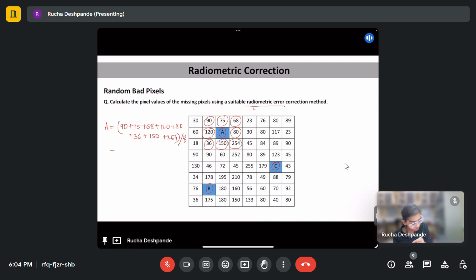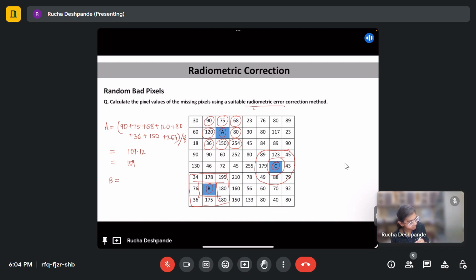Which is equivalent to some 109.12, so we will round it off to 109. Similarly, we can take averages of these pixels and these pixels to find B and C. You can verify this.